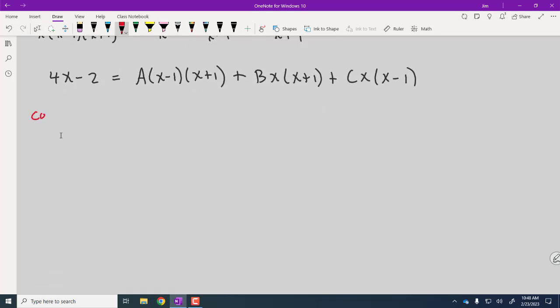So for the convenient value method, what will be our 3 convenient values? It's going to be the zeros of each of those factors. So it's going to be the x value that makes this 0, the x value that makes that 0, the x value that makes that 0. So it's going to be the zeros of those 3 denominators. Those are our convenient values.